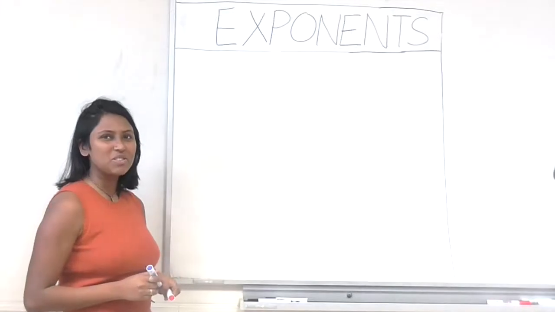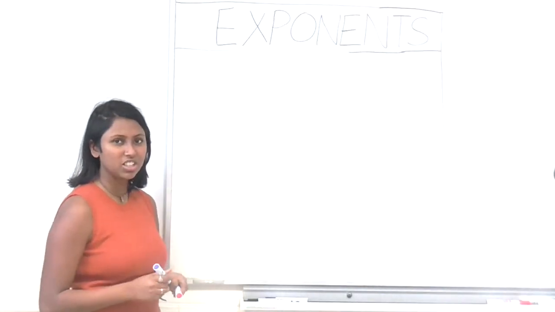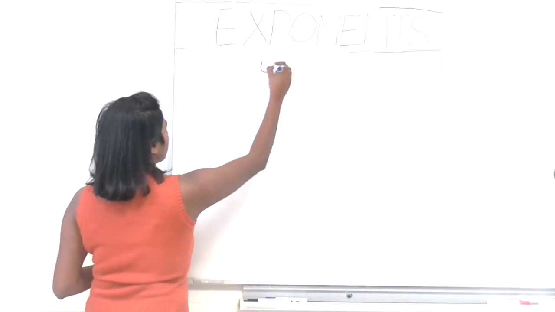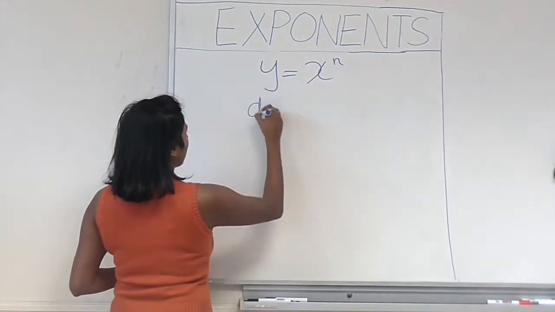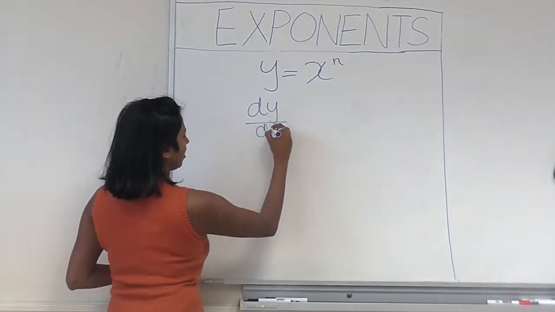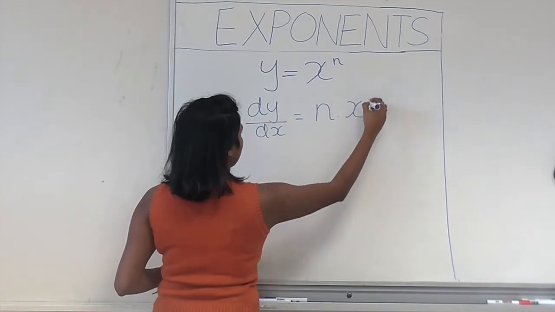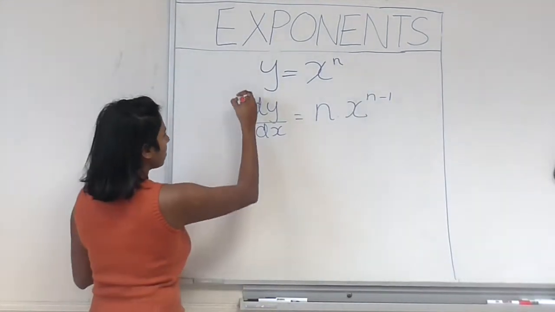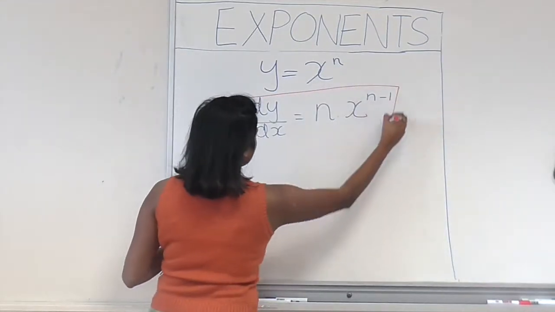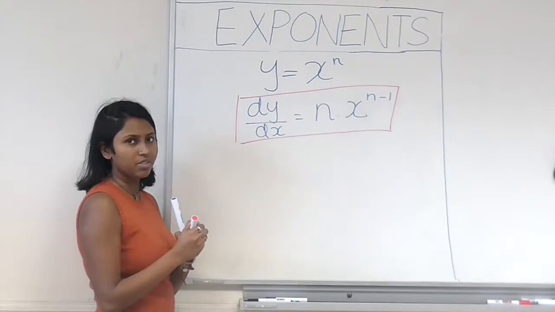Now I'm going to explain to you how to differentiate if you have an exponent in your function. Basically if you have y equals x to the power n, your dy by dx is going to be n times x to the power n minus 1. And this is the basic structure that you need to follow when differentiating any exponent.